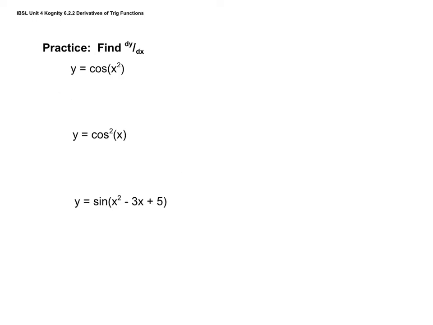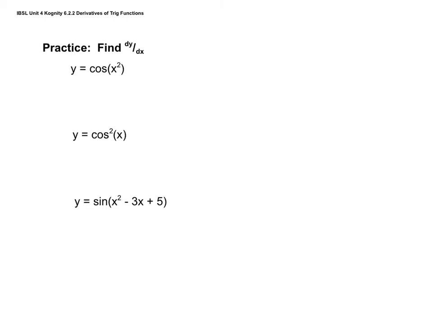So let's go ahead and look through how we would do some of these with the chain rule, and then we'll do some practice with this as well. All right, and I give you these first two examples specifically because they're so similar. But you've got to be really careful, okay?